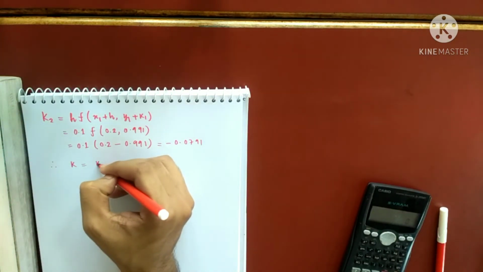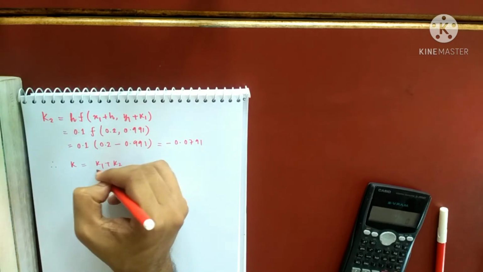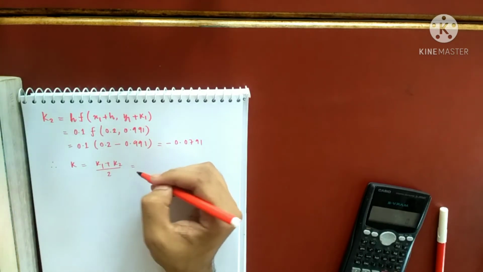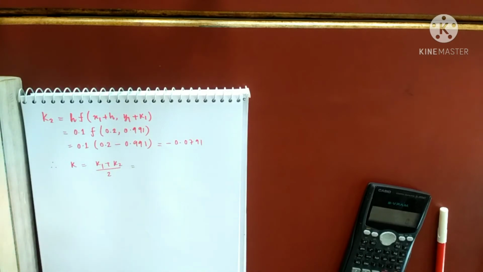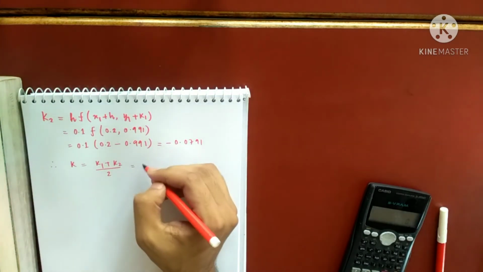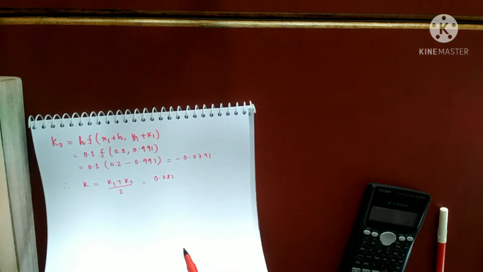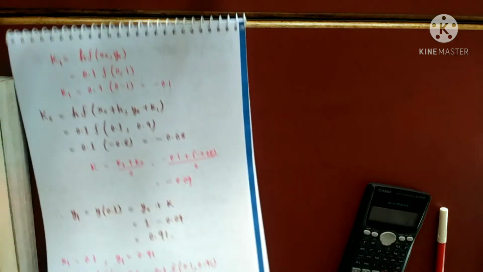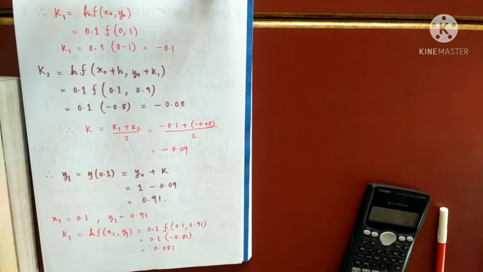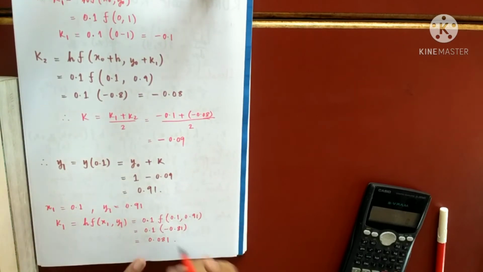Our task is to find the average of K1 and K2. K is (K1 plus K2) over 2. So K1 was how much? 0.081, and minus, I guess. Oh, I made a mistake. Sorry. If you make even a single mistake, everything else will be wrong.